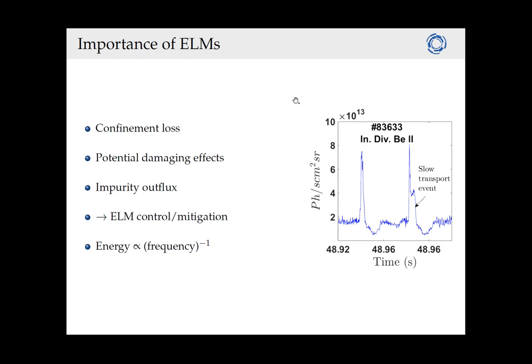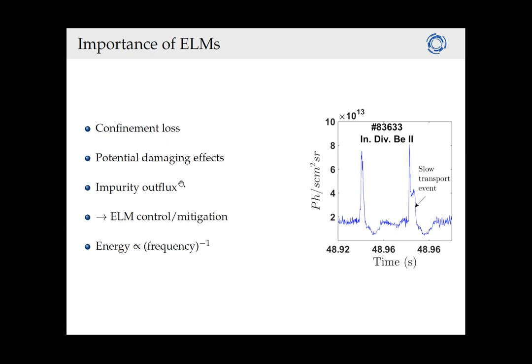So there are various reasons why ELMs are an important topic in fusion science. One of them being, of course, that due to the loss of plasma particles and energy from the plasma caused by an ELM, there is a certain degradation of the confinement of the plasma. Even more important are potential damaging effects, where large ELMs could be dangerous for the integrity of wall components facing the plasma in next generation fusion devices.